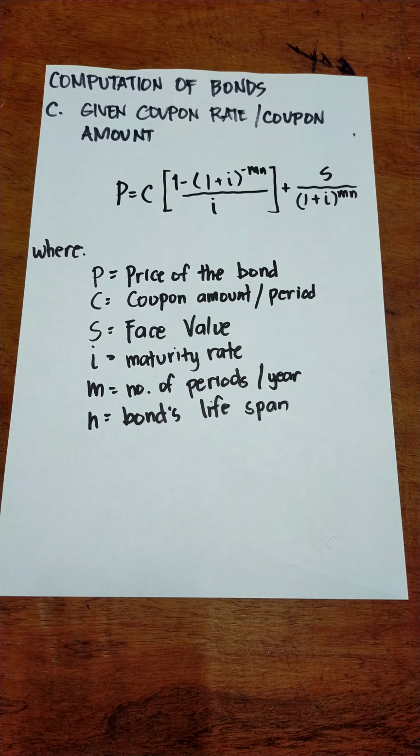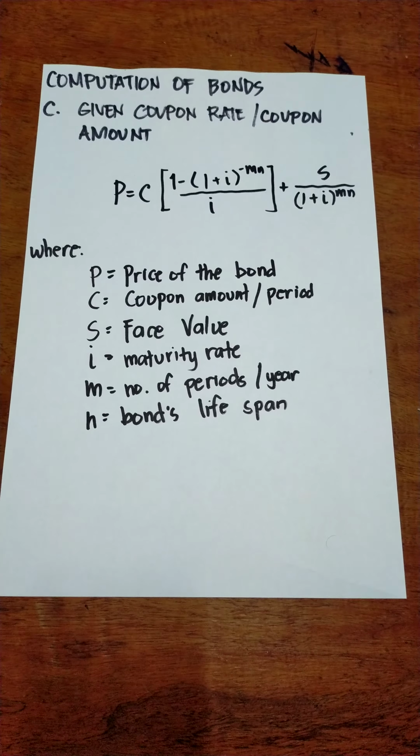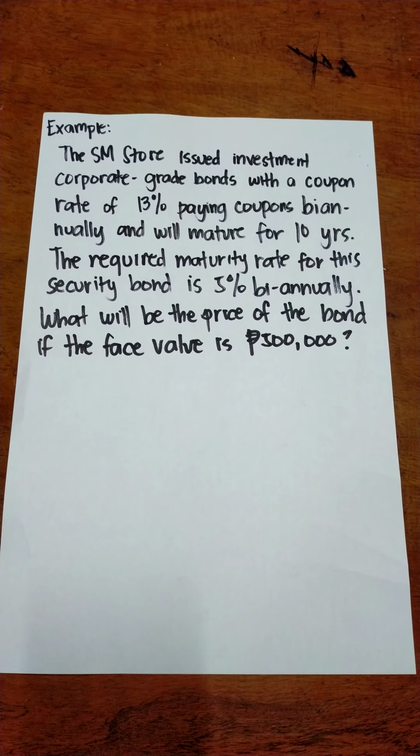Okay? So, paano natin siya i-apply sa problem solving? Sige, let's have an example. The SM Store issued investment corporate grade bonds with a coupon rate of 13%, paying coupons biannually, and will mature for 10 years.